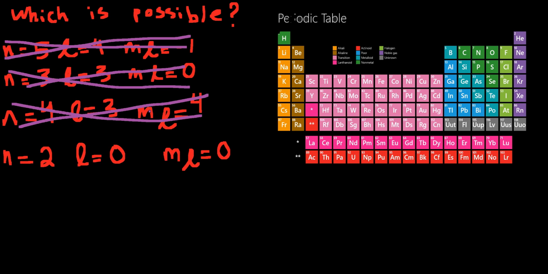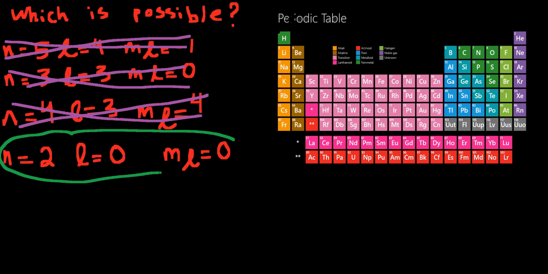And finally, we're left with option D, which is n equals 2. Okay, L equals 0, that's fine. And then ML equals 0. So this is a possible set of quantum numbers. Notice how the L here is not n-1, but it's still possible. If you look at the periodic table here, you go to the second row.